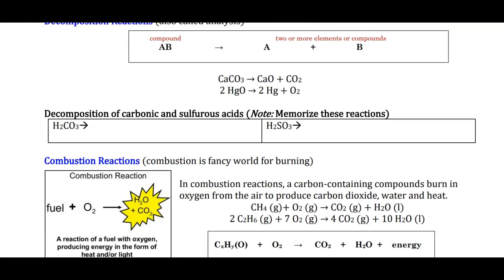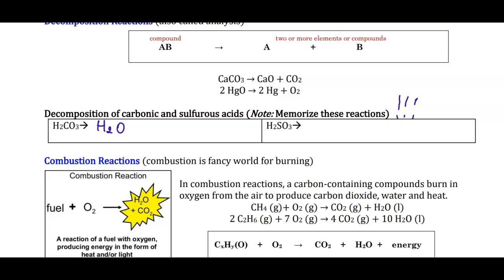Okay, decomposition of carbonic and sulfurous acids. So you need to memorize these reactions because these acids are not stable, and when they form, they usually decompose by themselves. So carbonic acid decomposes to two oxides, I mean water.